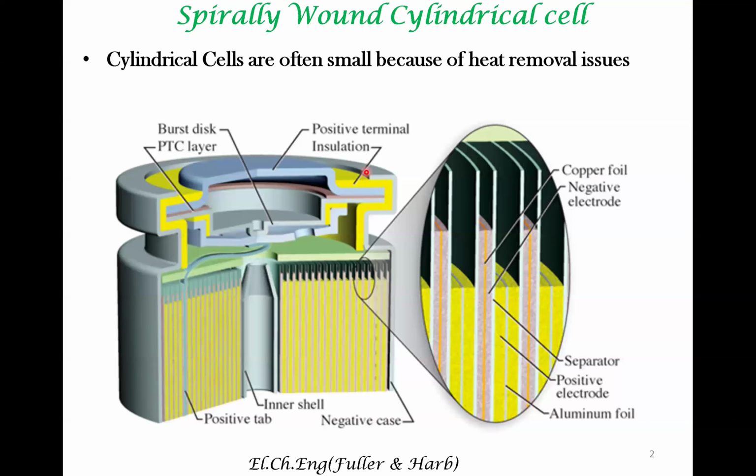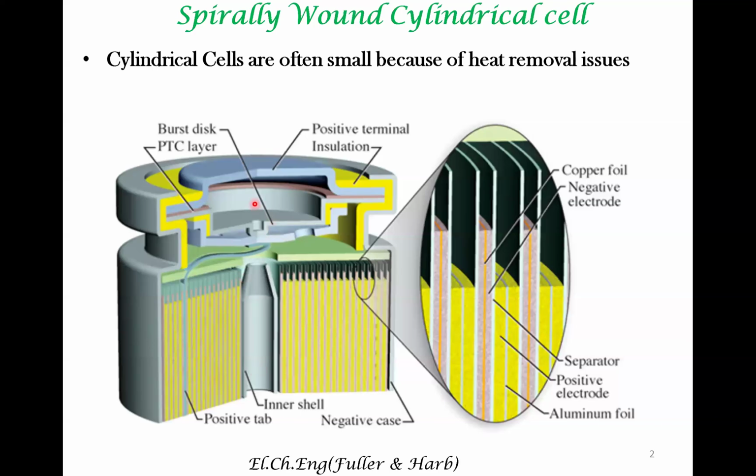So we've already introduced a cylindrical battery. This is one of the common battery geometries, probably which you've seen often in your NiCad battery and so on. So potentially you can increase the capacity of the battery by adding more windings.